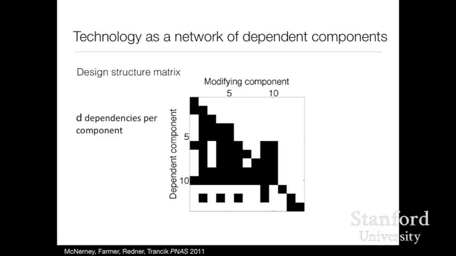And what's nice about this is that there's actually data on something called design structure matrices that describe these component dependencies in a technology. So I'm showing a simple representation of one here. And so this is actually a testable theory in that we can take design structure matrices for real technologies, compare them to rates of cost improvement that we've seen, and test the model.